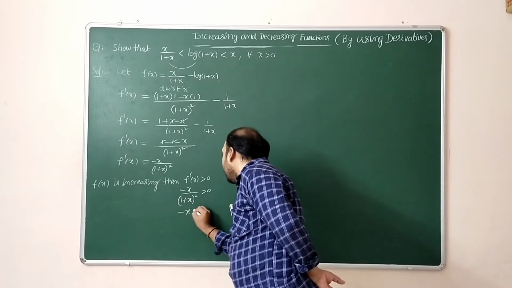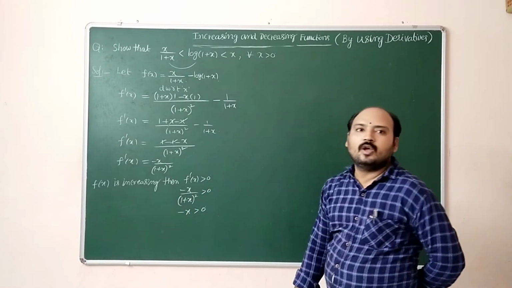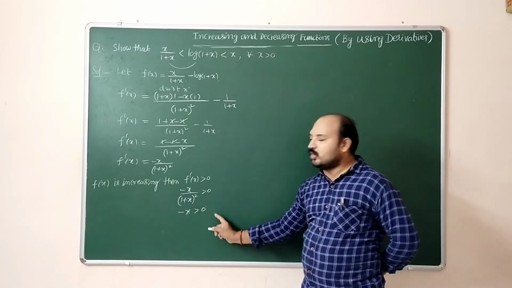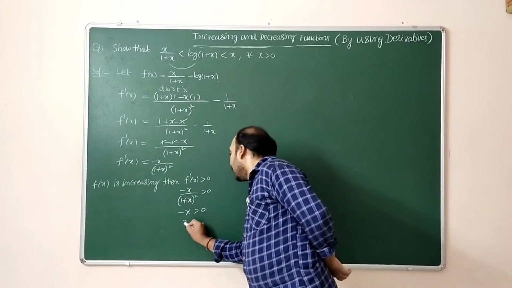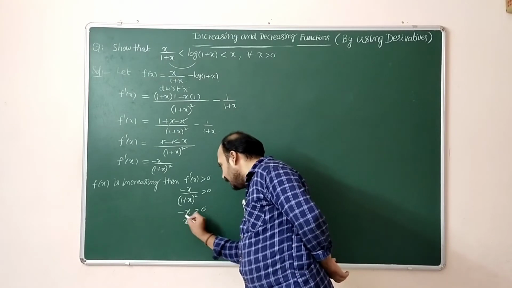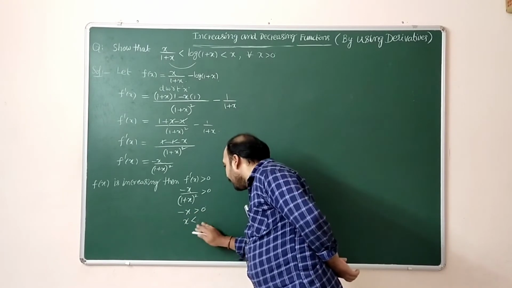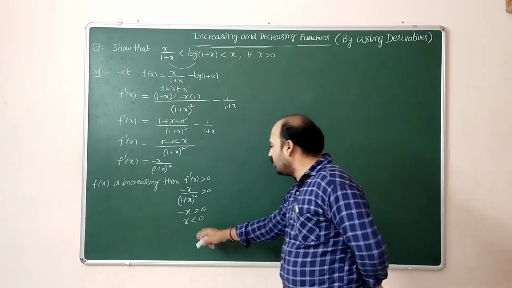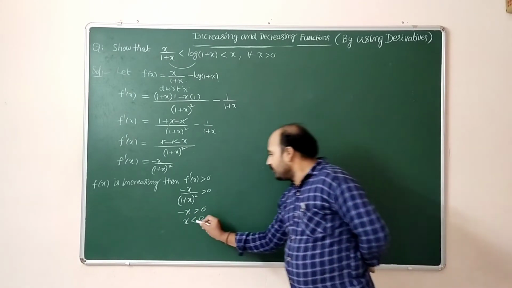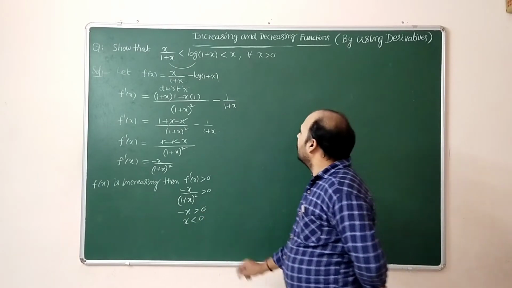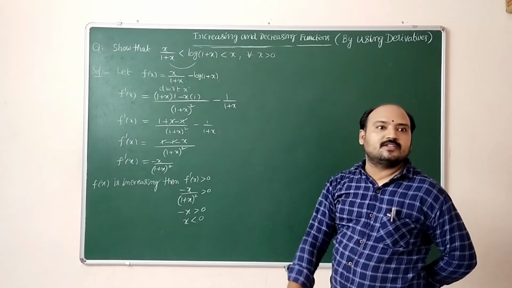The remaining minus x is greater than 0. If you remove the minus sign, the inequality will change, so x is less than 0. But the condition is x is greater than 0.